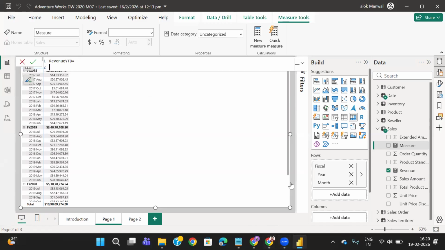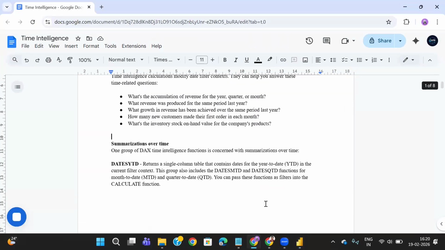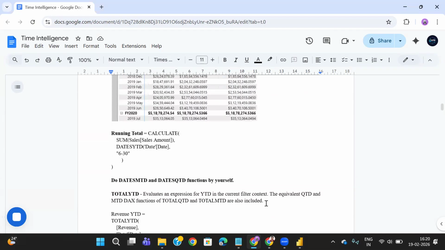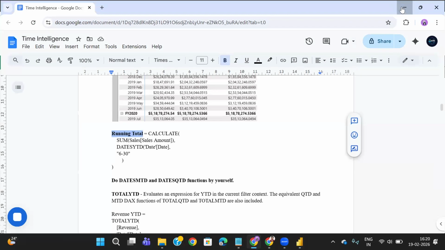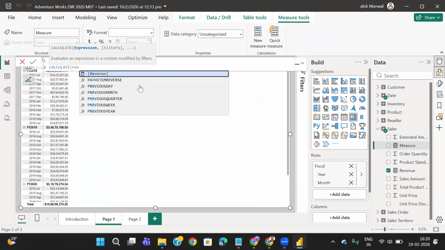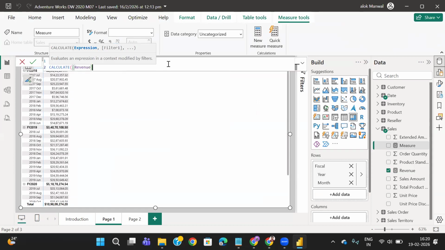Let me check whether its name is correct or not. Is it revenue YTD or not? Right now I'm using the date function. Its name is running total basically. I'll show you why it's called running total as well. But revenue YTD. So I need revenue basically.